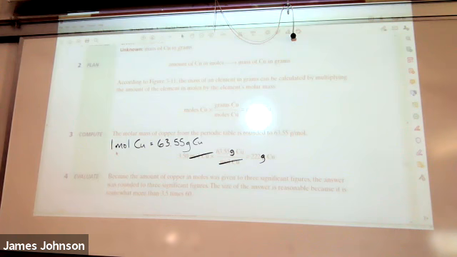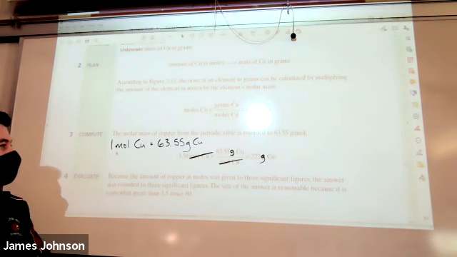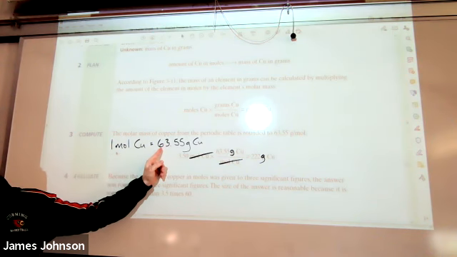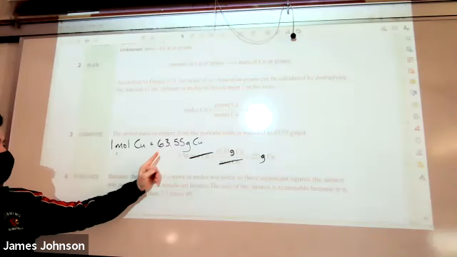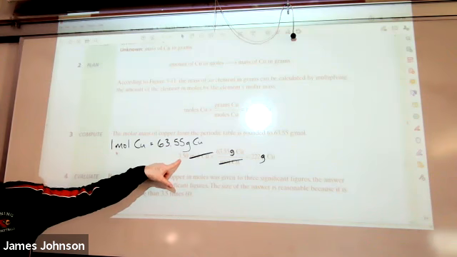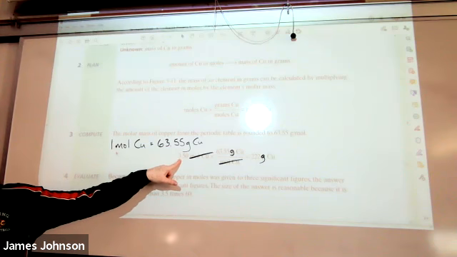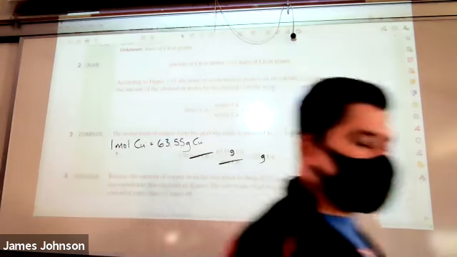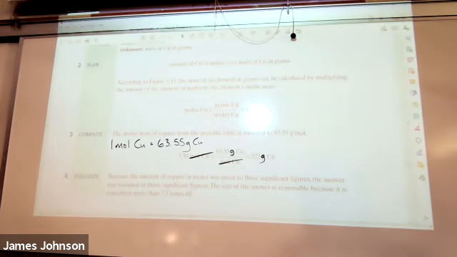Well, if every 1 mole of copper has a mass of a little bit over 60, and I have 3.5 of those, that makes sense that I'm essentially doing a 3.5 times 60 type calculation. So that's sample problem 3-2.